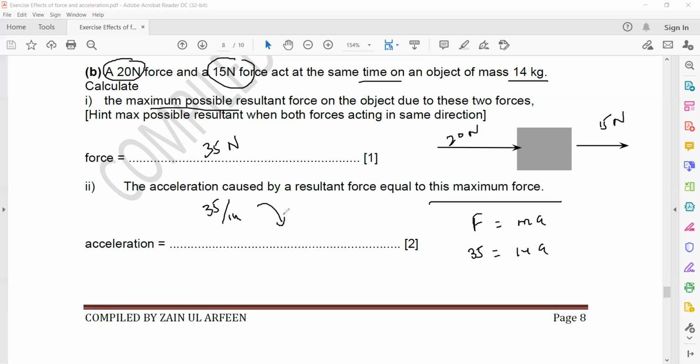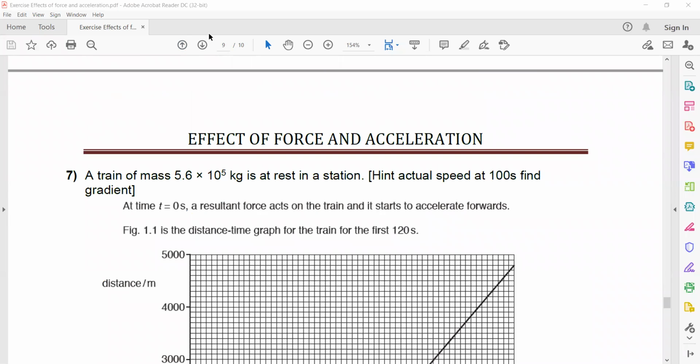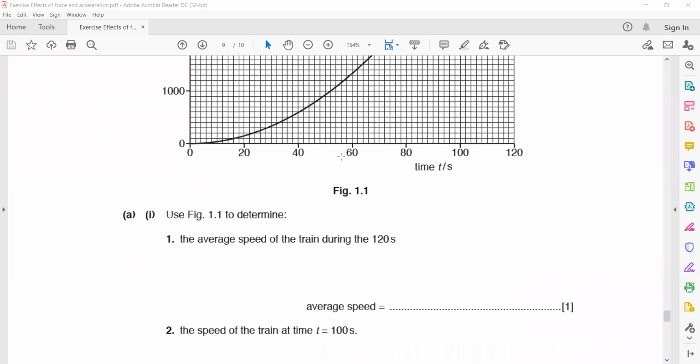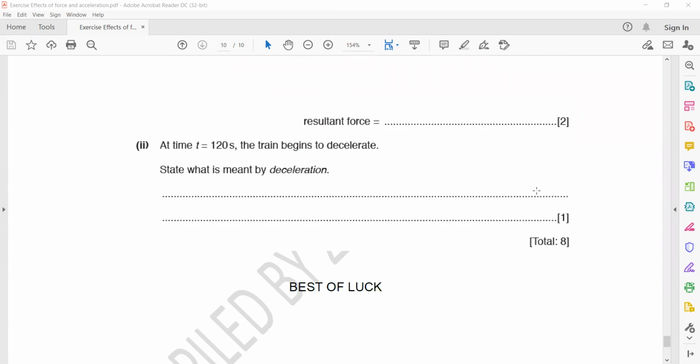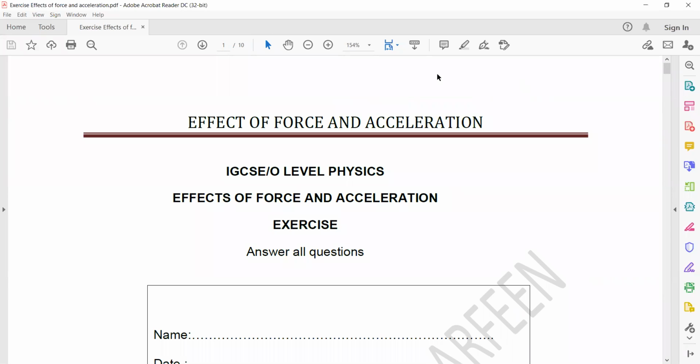That is equal to 2.5 meters per second squared. So this was about the effects of force and acceleration, some questions related to that.